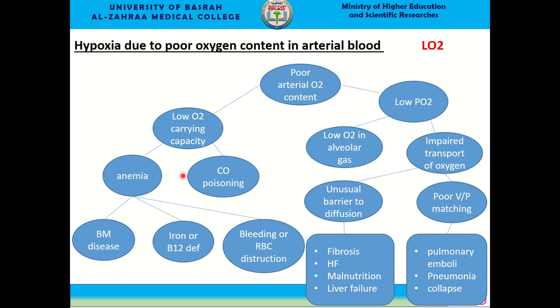Carbon monoxide has a greater affinity to hemoglobin than oxygen, so there will be little amount of oxygen carried by the blood. Anemia is either due to a problem with the manufacture of hemoglobin, that is the red blood cells, that is the bone marrow.